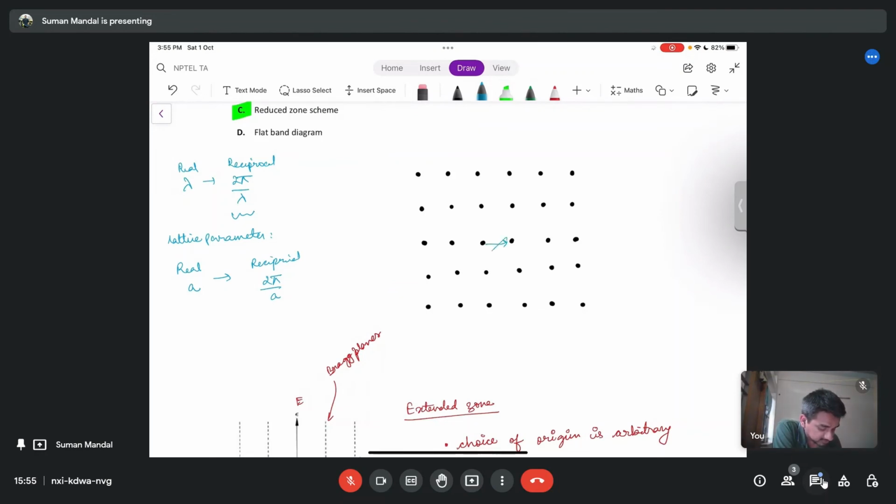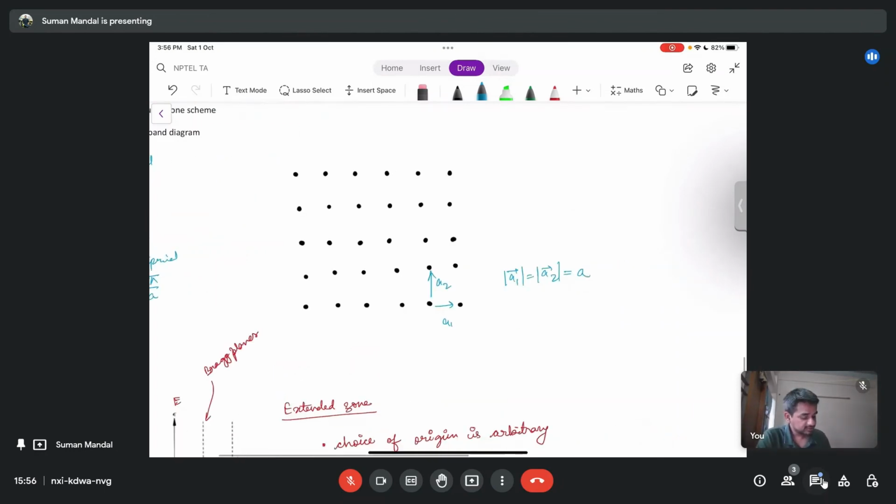So I will draw it here. So let it be a1 and a2. Magnitude of a1 is equal to the magnitude of a2. Let it be equal to a. The units of a in the real space is in length units.